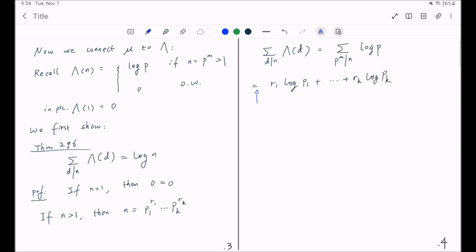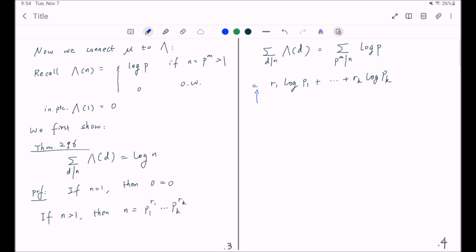For this equality, you look at, for each p sub i, how many terms are there so that p sub i raised to the power m divides n. There will be precisely r sub i terms.